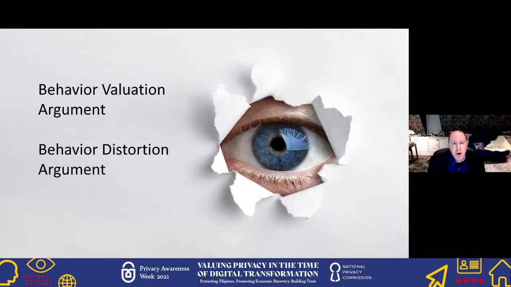There is no paradox. Paradox assumes that there's some kind of absurd contradiction in things that should be the same. But I want to say that they're not the same. The attitudes about privacy and people's valuation of privacy is not the same as their behavior about privacy.